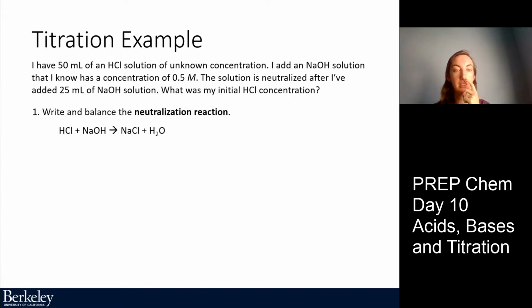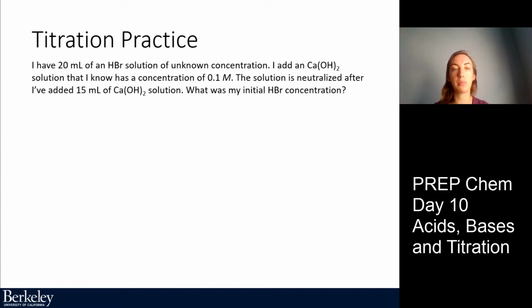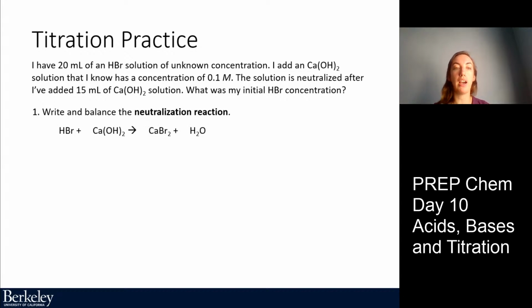For this example, I'll do the example that you just practiced with. First I'm going to write my neutralization reaction. So I have HBr plus Ca(OH)2 going to CaBr2, where I get those subscripts by the charge, those valence electrons, like we talked about earlier, and then plus water.